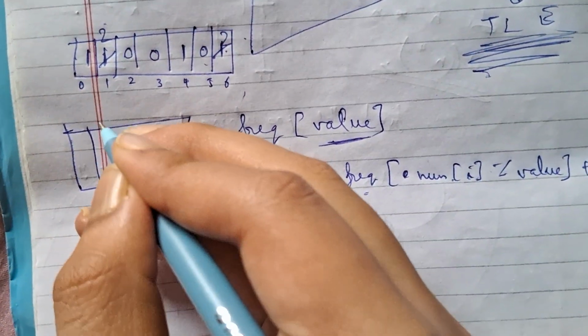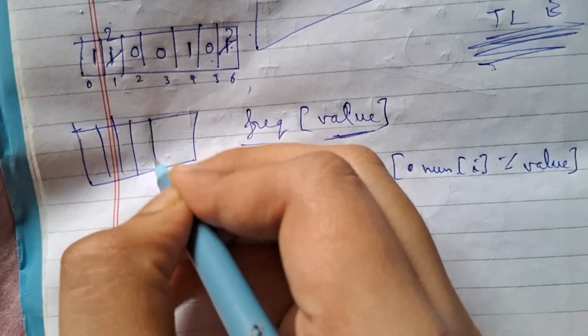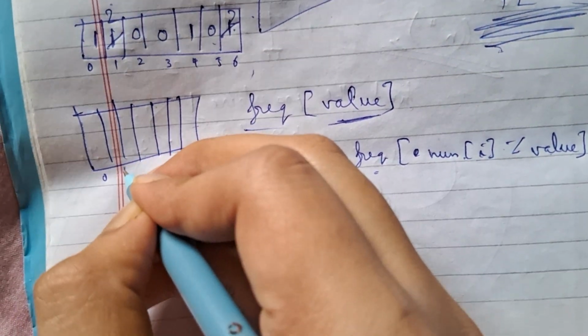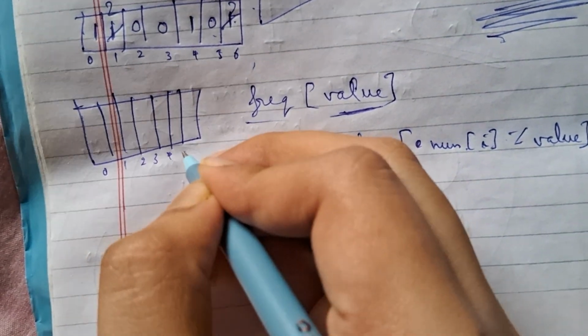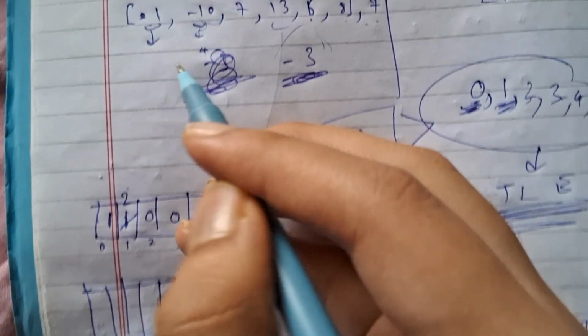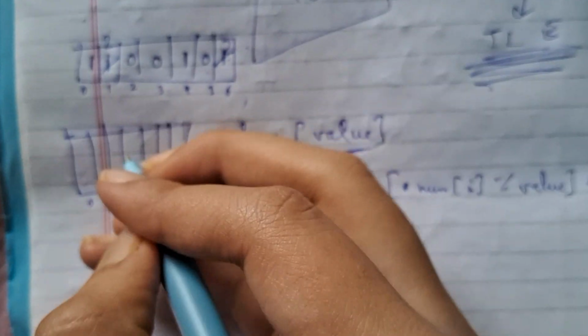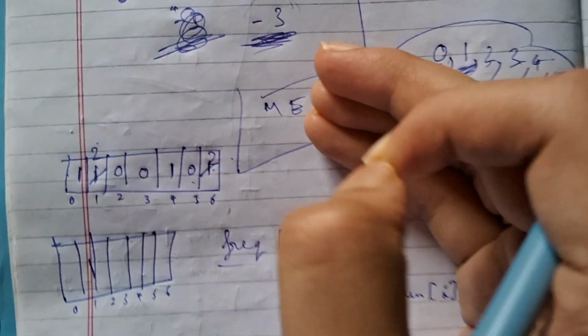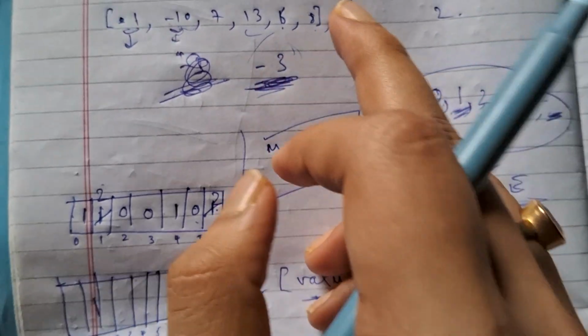So this is indices 0 1 2 3 4 5 6. Now check: 1 mod 7 is 1, so this becomes 1. Then minus 10 mod 7 is actually minus 3, but there is no negative index to store, so we make it 7 minus 3, that is 4.